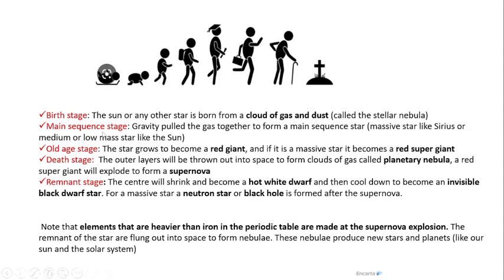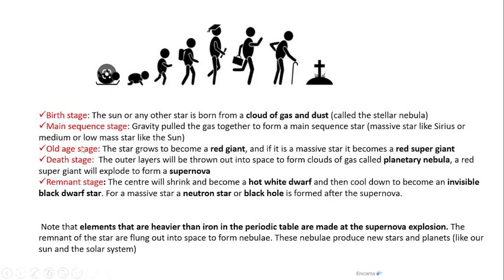Now, for the main sequence stage, gravity pulls the gas together to form a main sequence star. Massive stars like Sirius are formed. In some cases, low mass stars like the Sun or medium mass stars are also formed in this stage.